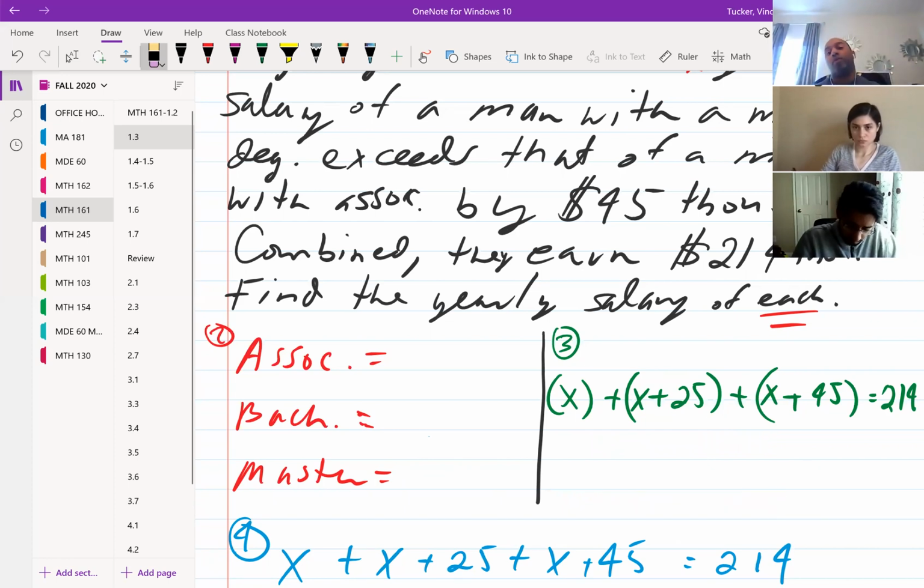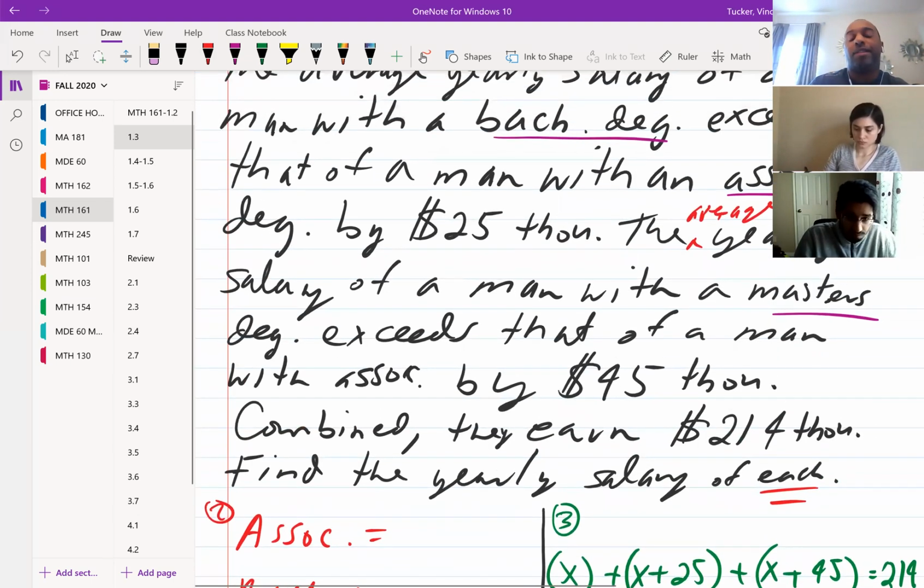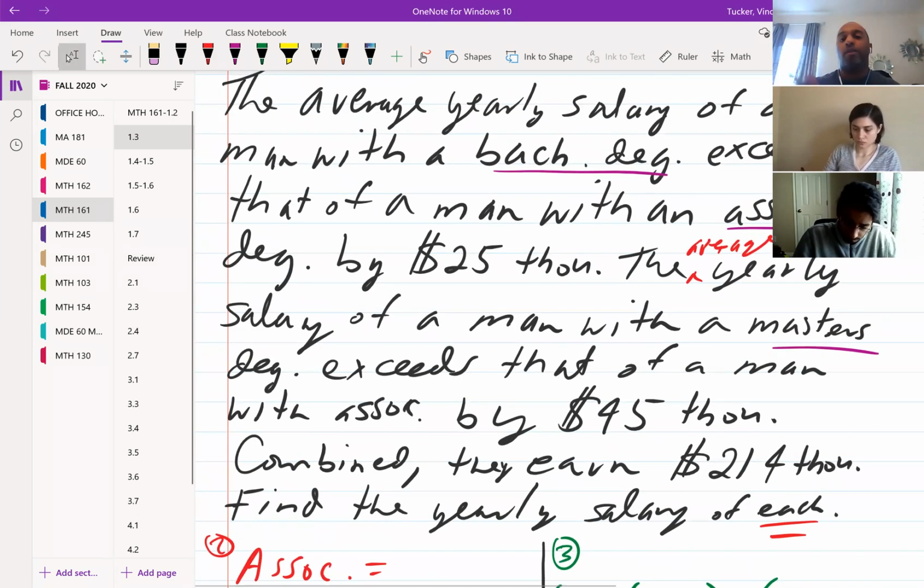What I mentioned before is that we don't want to call this X, this Y, and this one Z. We want to call one of them X and write the other ones in terms of that X. We notice that each of our sentences takes one and describes it in terms of the associate's. The bachelor's exceeds that of a man with an associate's by 25. The master's exceeds that of a man with an associate's by 45.